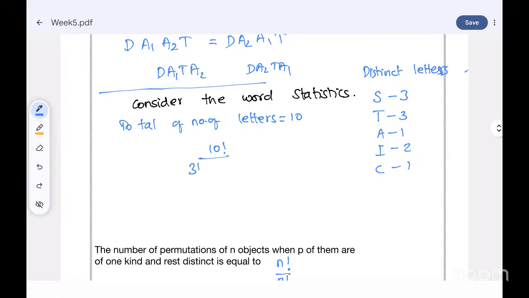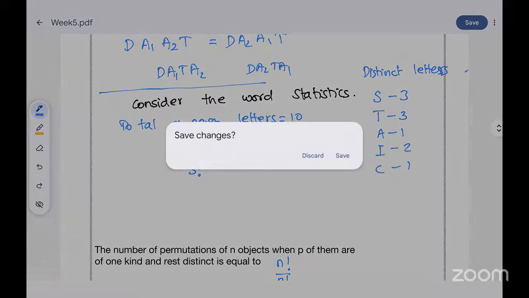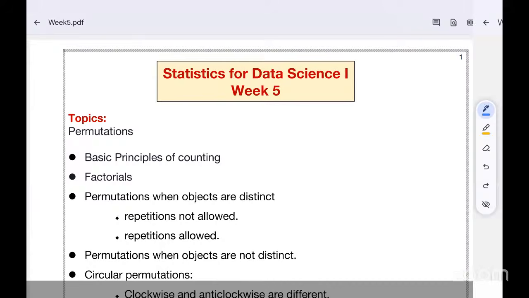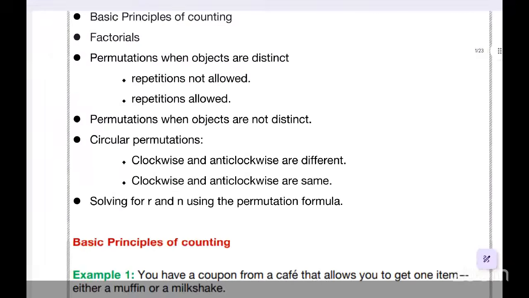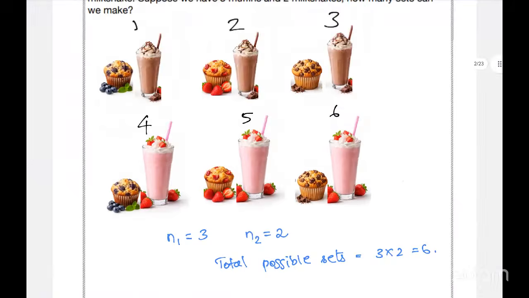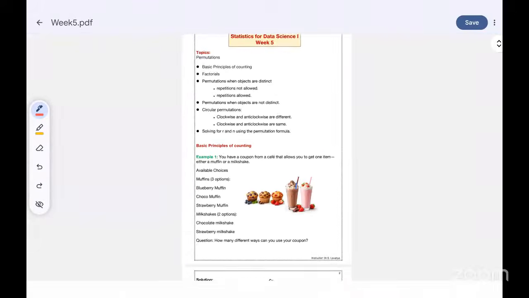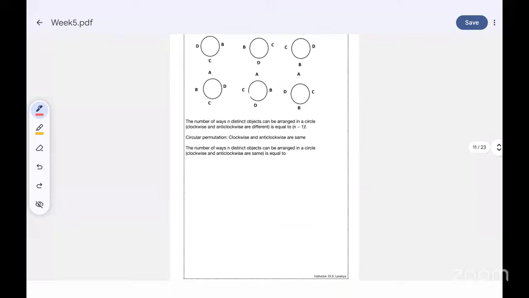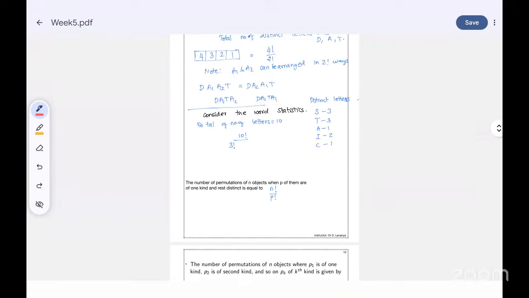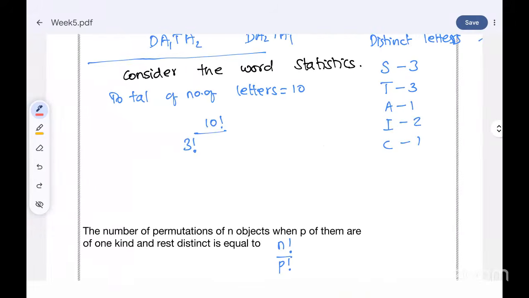So you have to remove 3 factorial, again 3 factorial, and 2 factorial.